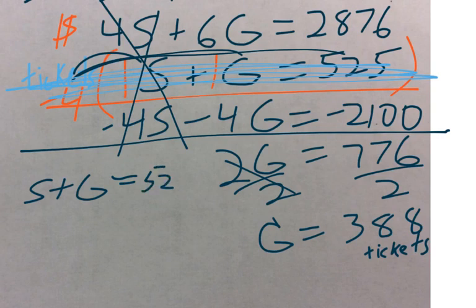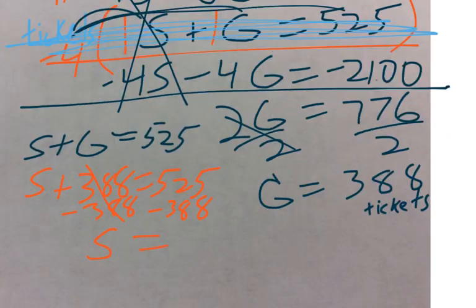I'm going to plug back into that equation, and it would be S plus 388 equals 525, and I would just subtract 388 from both sides, and I would get S equals 137. So student tickets are 137. Then I've answered that question.